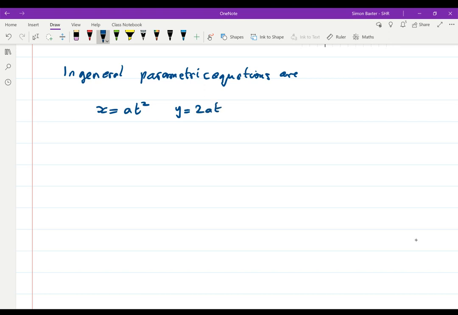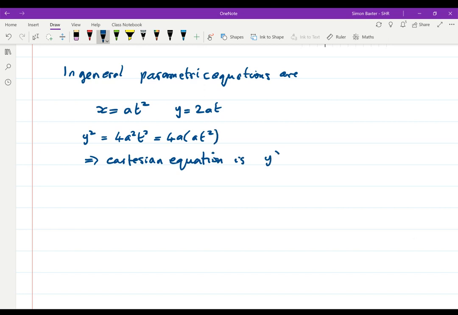You'll notice that if we look at y squared, this is equal to 4a squared t squared, which is 4a times a t squared, and so the Cartesian equation is y squared equals 4ax. We will come back to the parabola later.